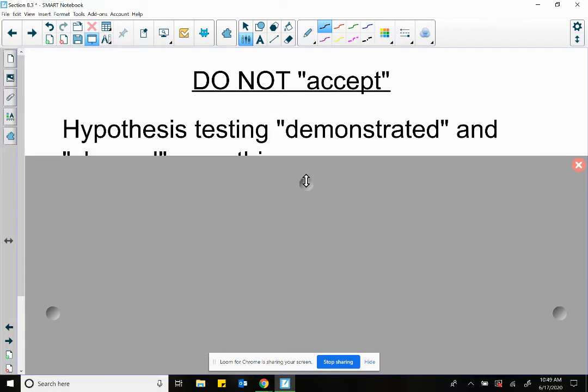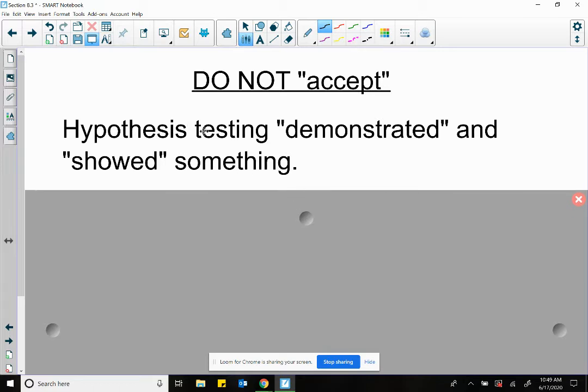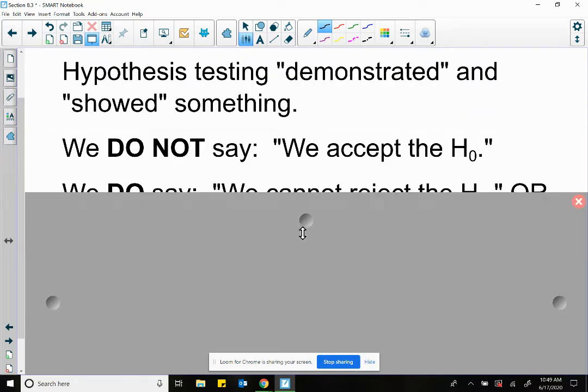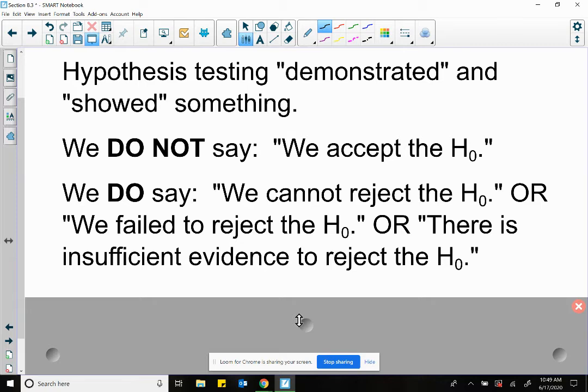Okay? What hypothesis testing is doing is that it has demonstrated or showed something. What that means is, we do not say we accept or prove the null hypothesis, but we say that we cannot reject. We have shown or demonstrated that we will not reject the null hypothesis, or that we failed to reject.